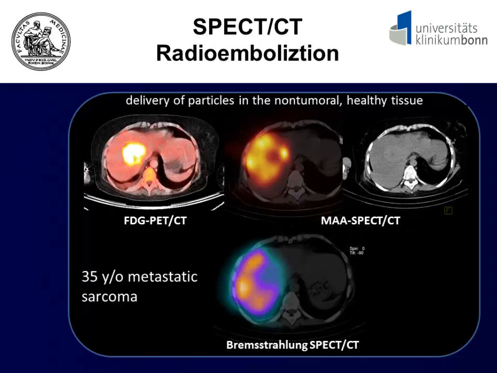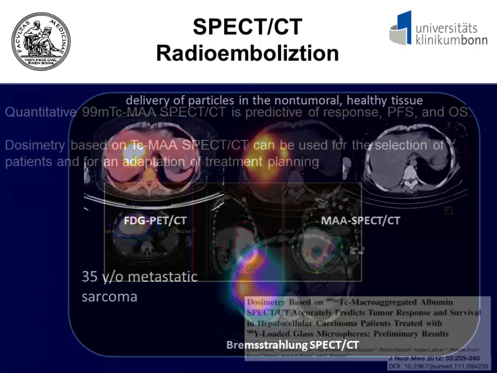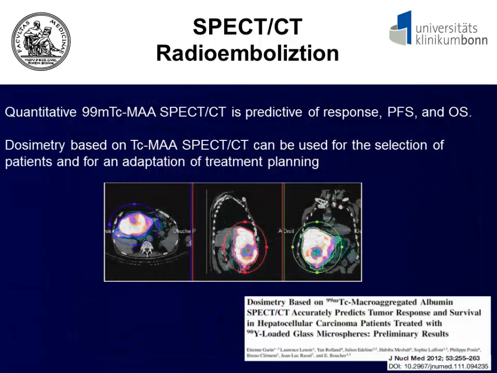Therefore we performed the treatment, and you see high accumulation of yttrium-90 in the healthy liver tissue in the Bremsstrahlung SPECT CT, and no accumulation in the tumor. It's very important to use SPECT CT for treatment planning.